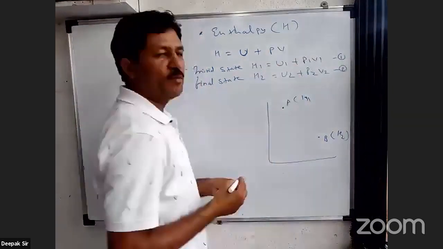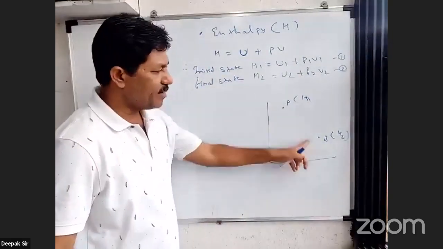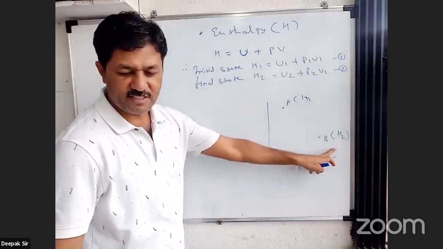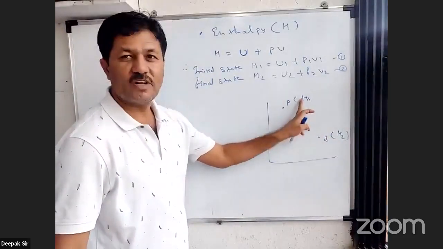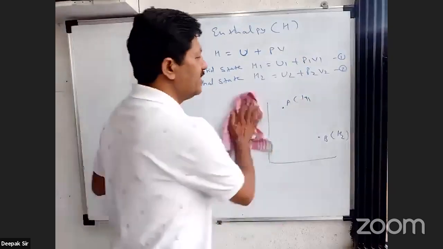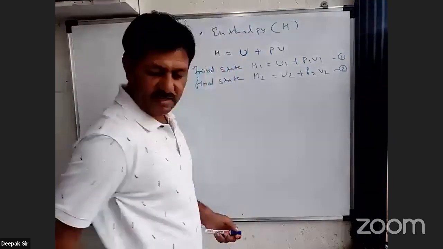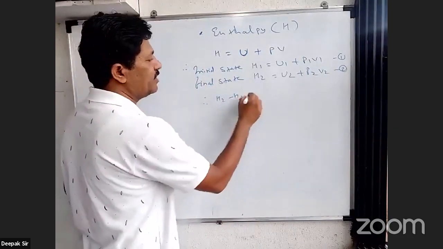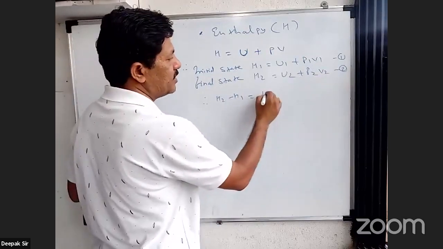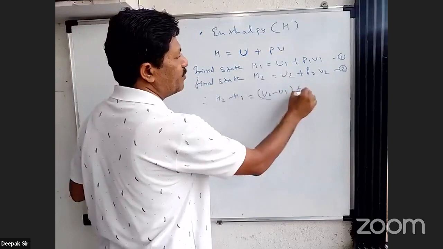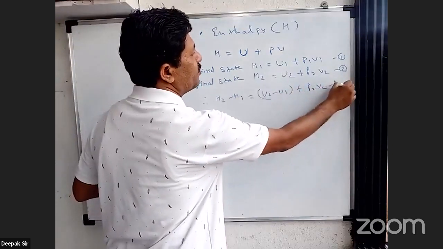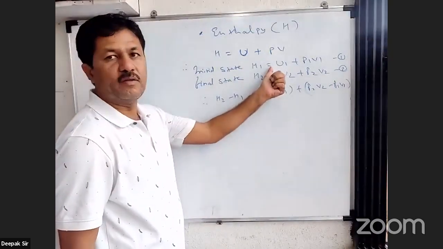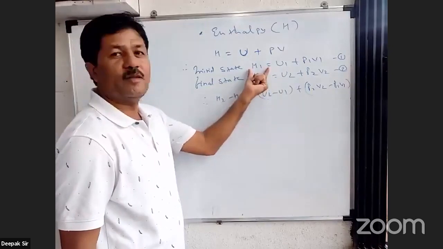This is what we get, okay. So just as we can take delta H is equal to H2 minus H1, this is the enthalpy of the initial state, this is the enthalpy of the final state, the difference of enthalpy between the two states is therefore H2 minus H1, which will be equal to, in the same way, U2 minus U1 in brackets plus P2 V2 minus P1 V1. We can write it this way: equation number 2 minus equation number 1, because this is the enthalpy of the final state, this is the enthalpy of the initial state.